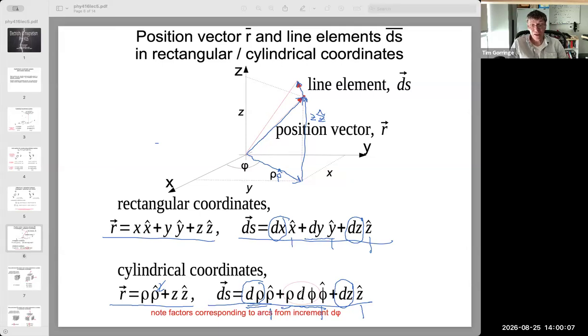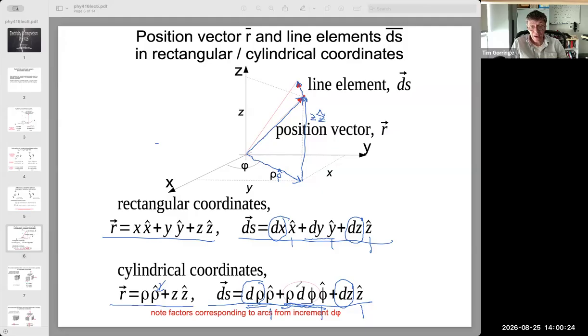The distance that a step d phi takes you is the arc that step d phi swings out. And the arc is of length rho d phi. So this is the distance rho d phi, not d phi.